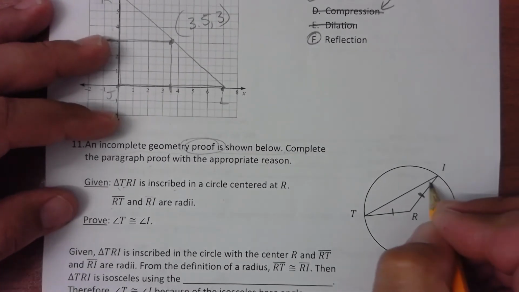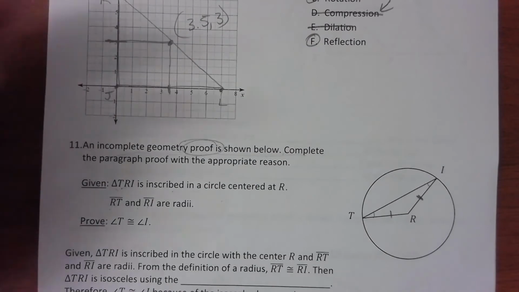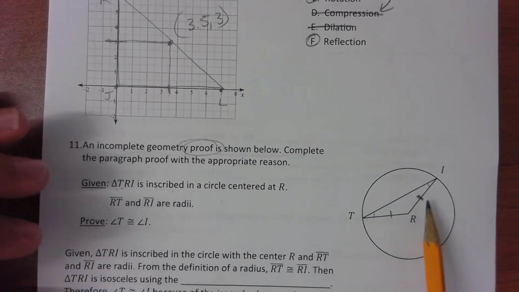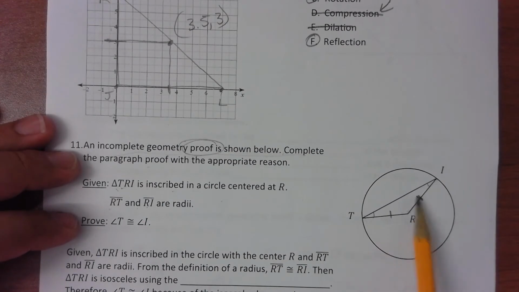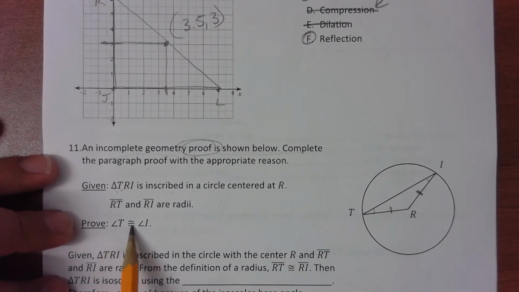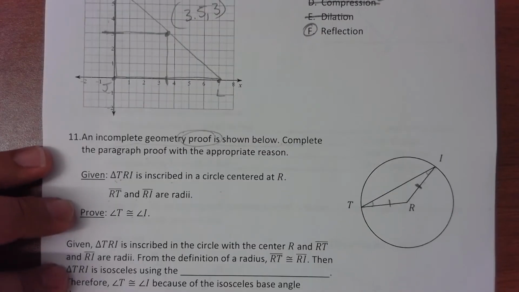So this angle has to equal that angle. Because that's the radius, that's the radius. Two sides are congruent, isosceles triangle. Oh look, prove that angle T is congruent to angle I. I just did that because it's isosceles.